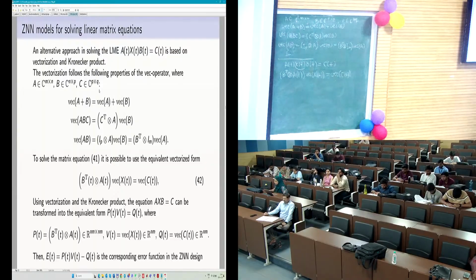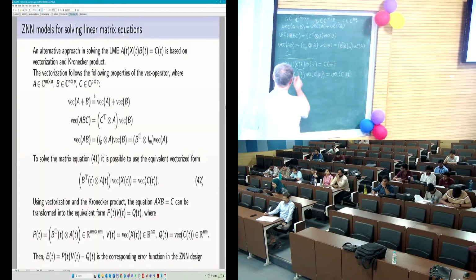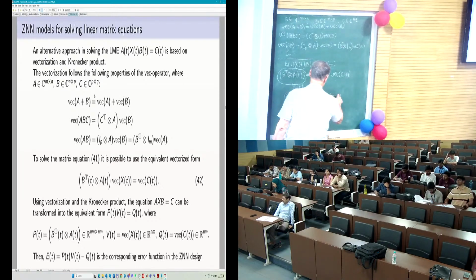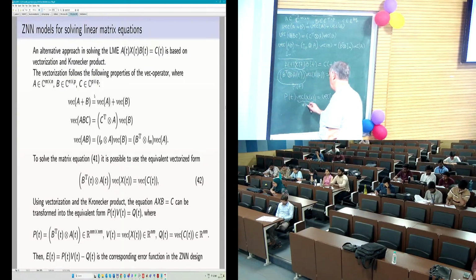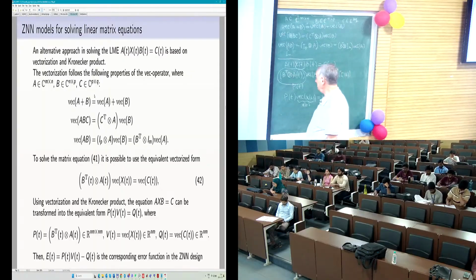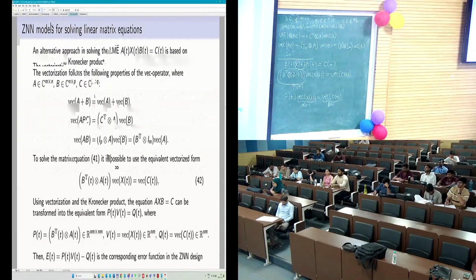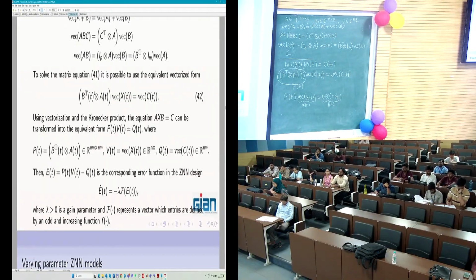And if we replace this Kronecker product by P of t, evidently we will have the linear system P of t times the vector. Notation small x of t here, for example. And now the linear system is visible.